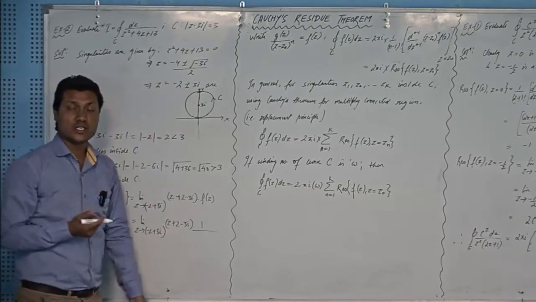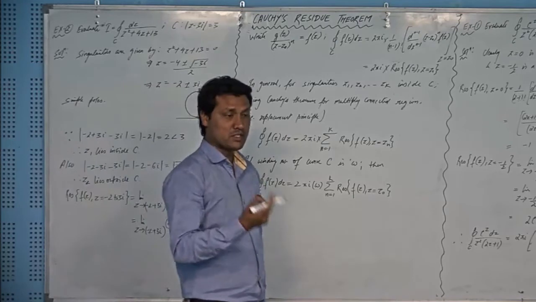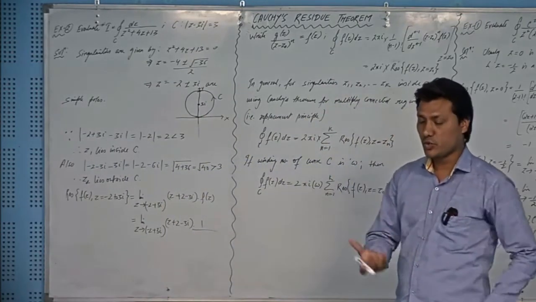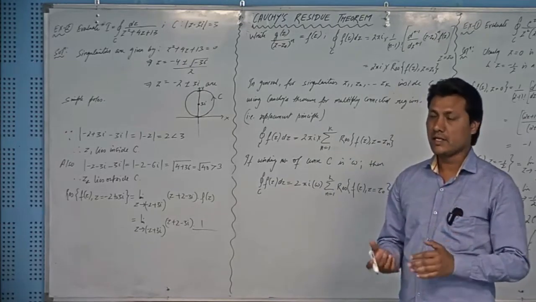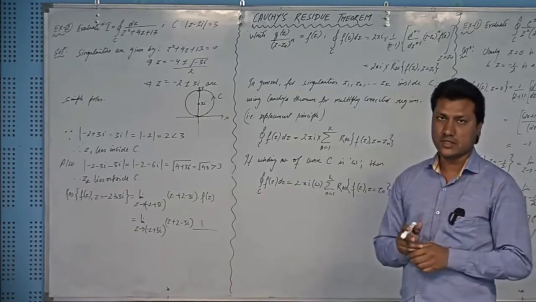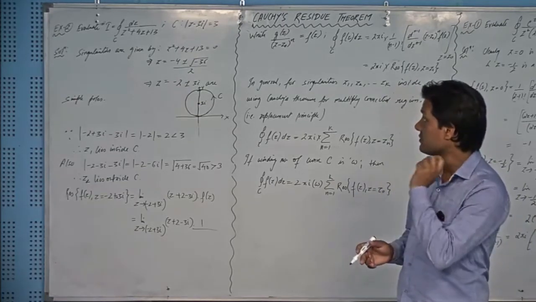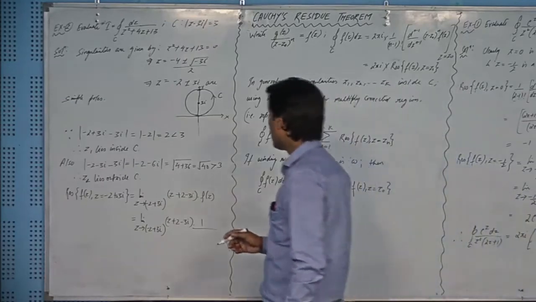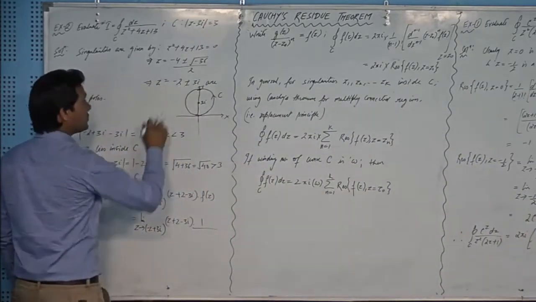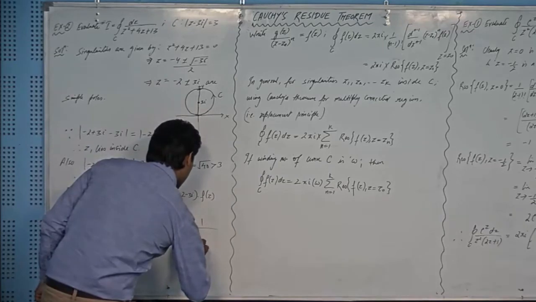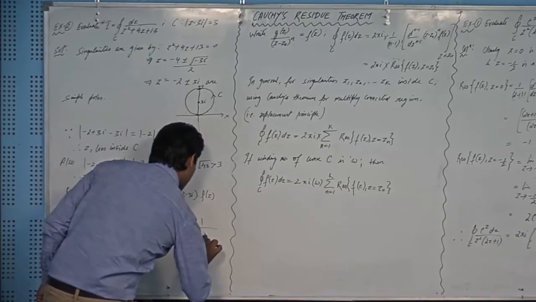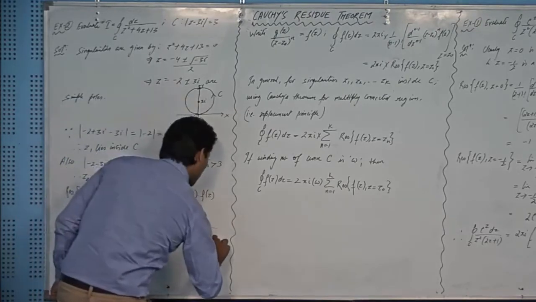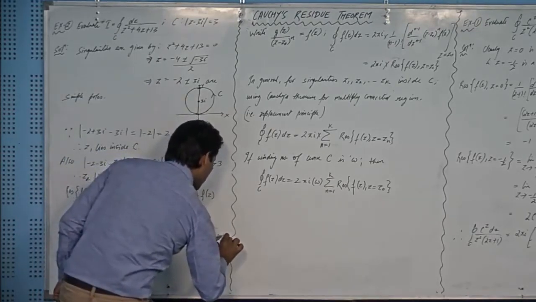Whenever you have a quadratic equation, x square plus ax plus b type, and you have roots alpha and beta, you can always replace x square plus ax plus b by x minus alpha into x minus beta, right? That means replacing that quadratic polynomial in terms of its root factors. Those factors are z minus the first root, that is z plus 2 minus 3 iota, and z minus the second root, that will be z plus 2 plus 3 iota, right?